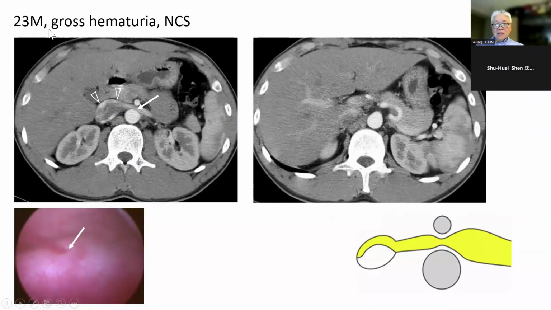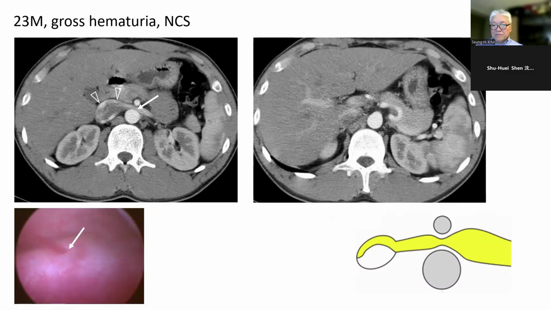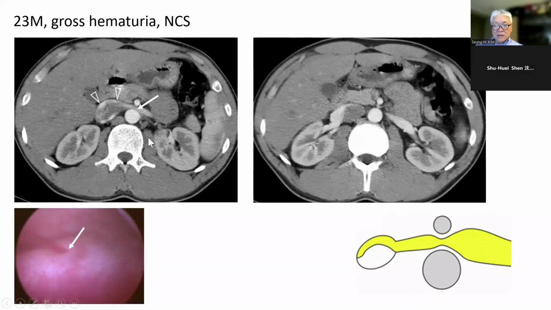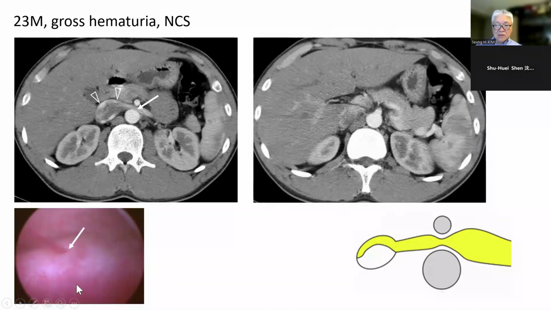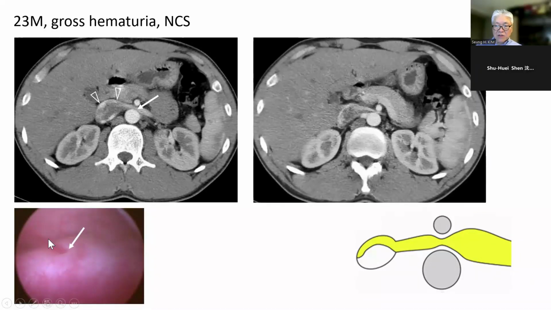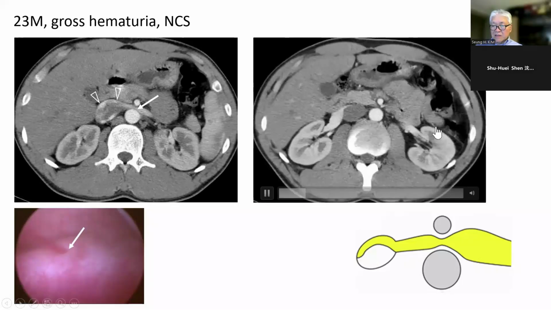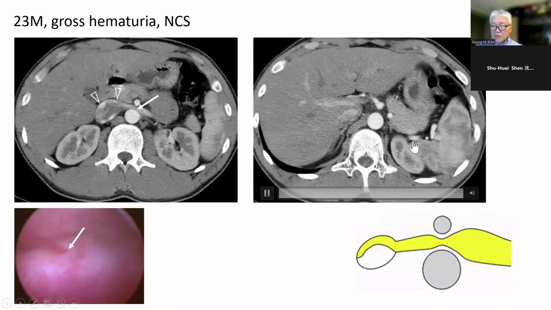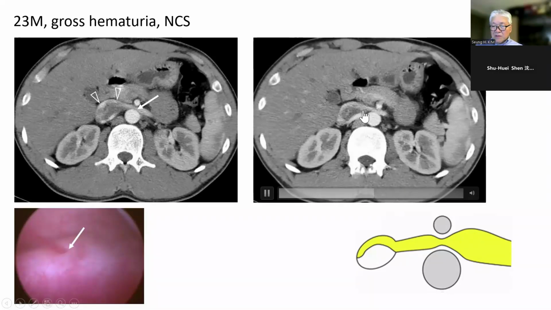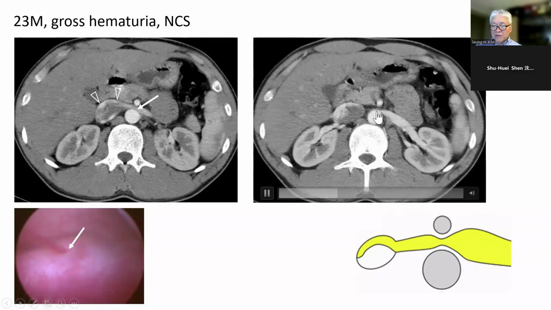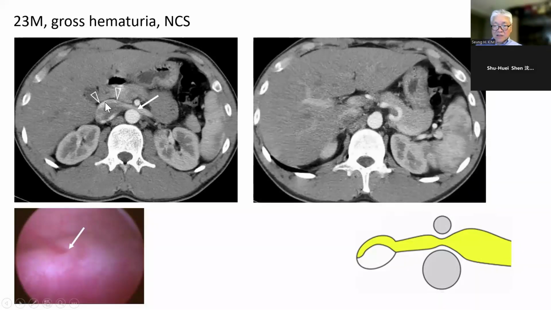This is another patient with gross hematuria, and this is cystoscopy. The cystoscopy shows bleeding from the left ureteral orifice, and in the scroll imaging the left renal vein flow is definitely along the non-dependent anterior margin of the inferior vena cava, like this.